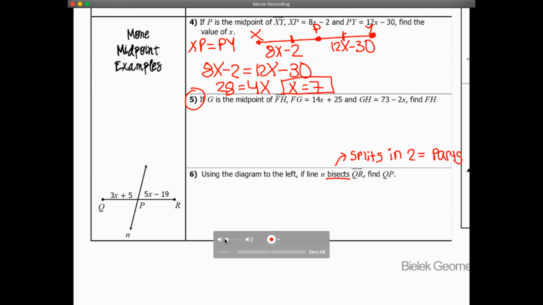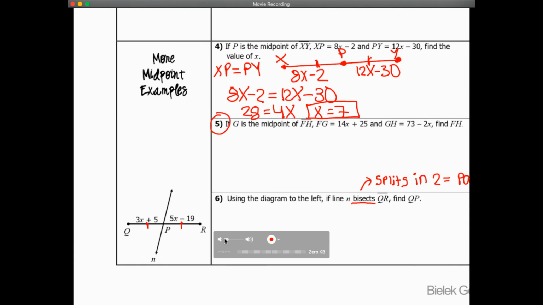So it splits it at the midpoint is what that tells us. That means that 3x plus 5 and 5x minus 19 are going to be the same distance. And we're trying to find QP, so before I can find QP, I have to know x.